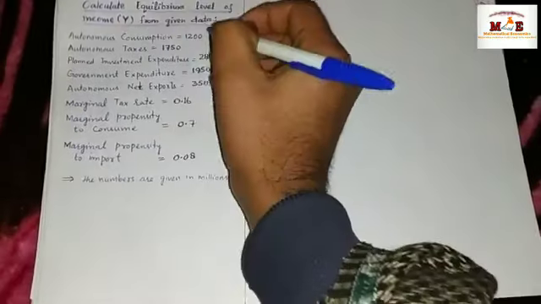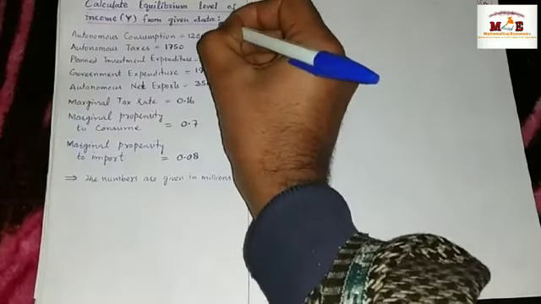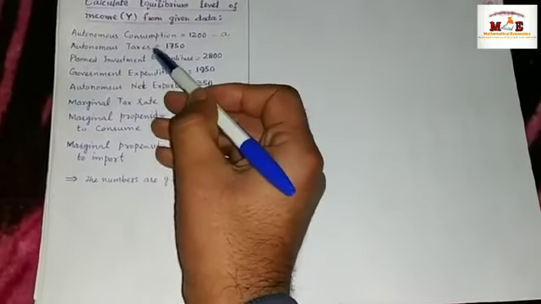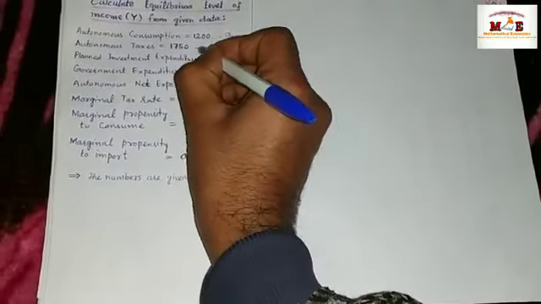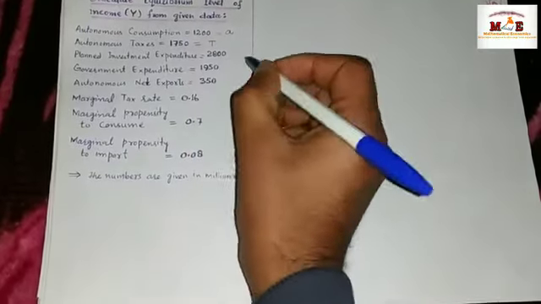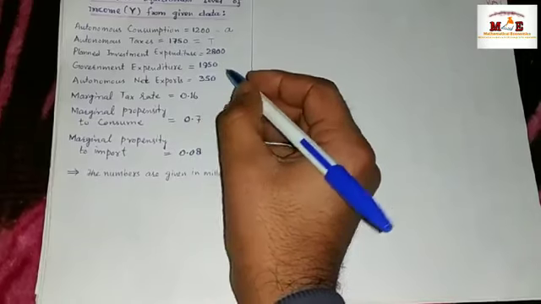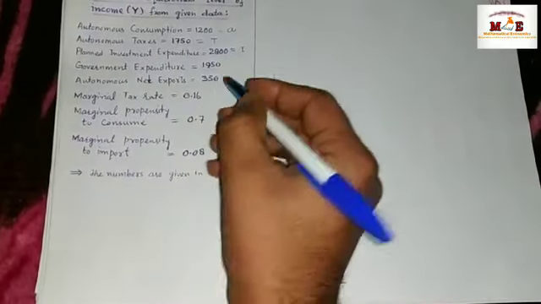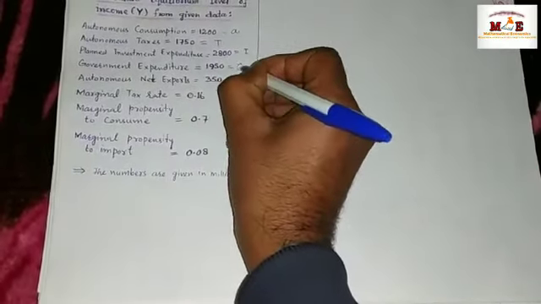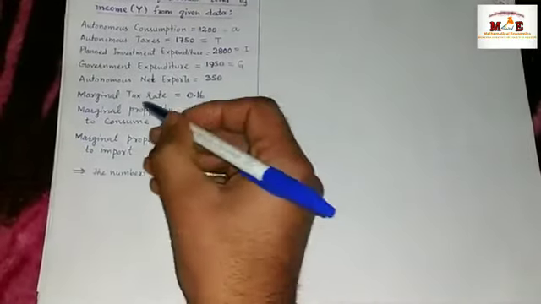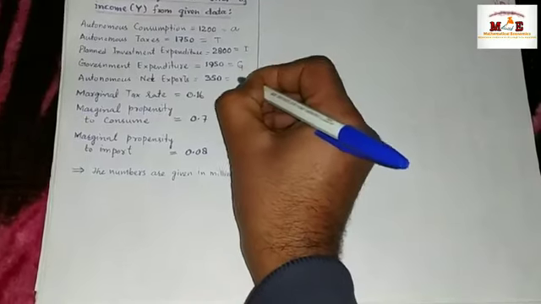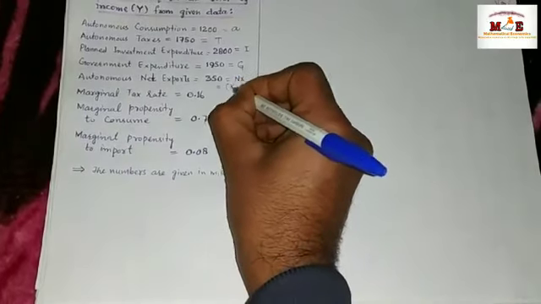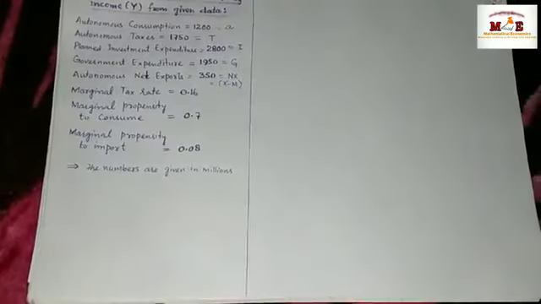Here the autonomous consumption is usually represented by letter A, and the autonomous taxes are represented by T, and the planned investment expenditure is represented by capital I, and the government expenditure is represented by capital G, whereas the net exports are represented by NX, or we can write it as X minus M, that is exports minus imports.